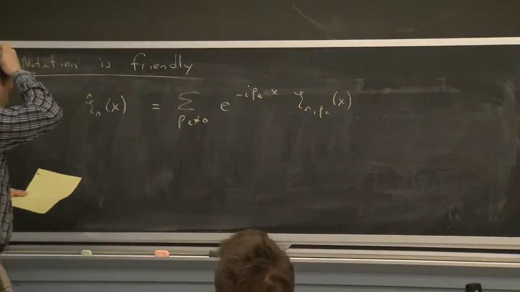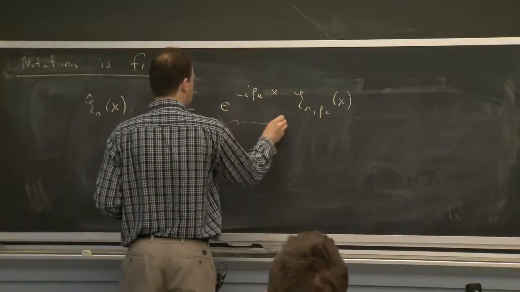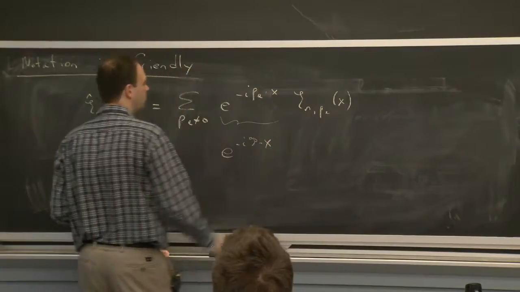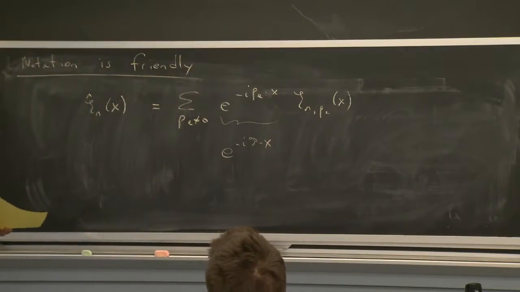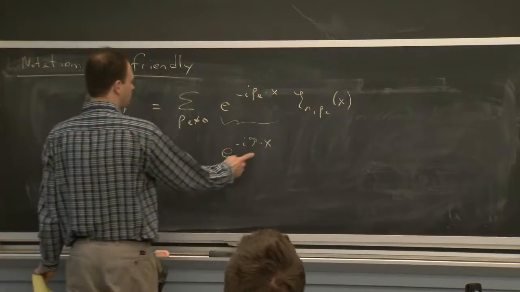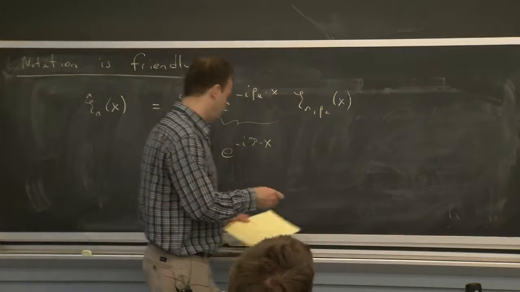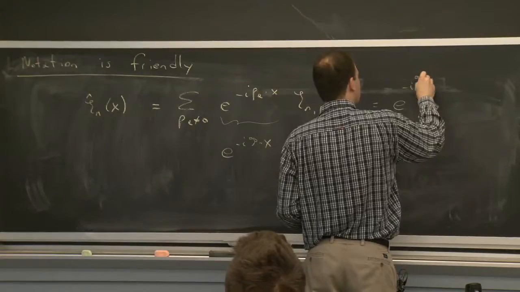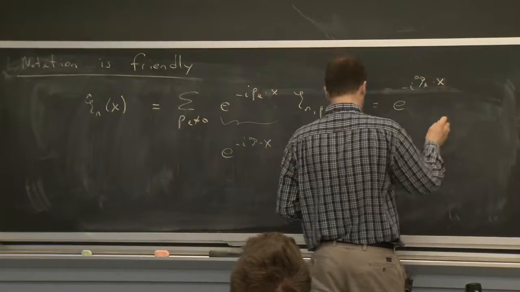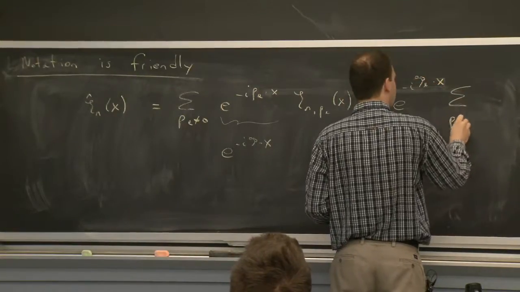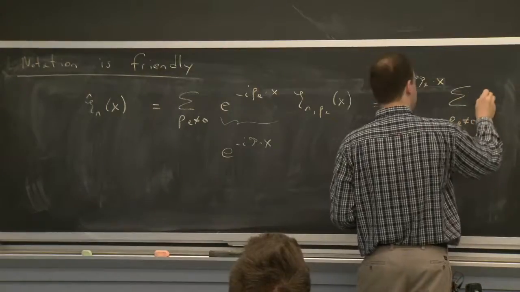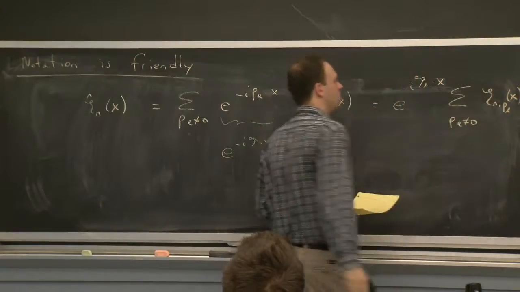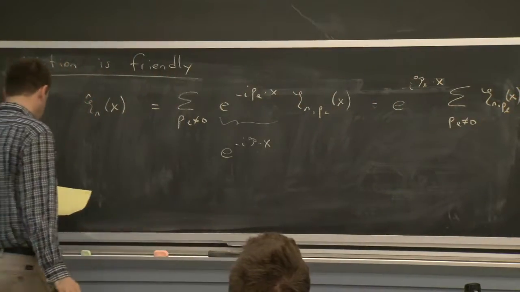So what I can do is I can take this and replace it by e to the minus I label operator dot x. Right? But the label operator then doesn't care about the sum, so I can push it through. So as an operator, it goes through the sum. I have that.